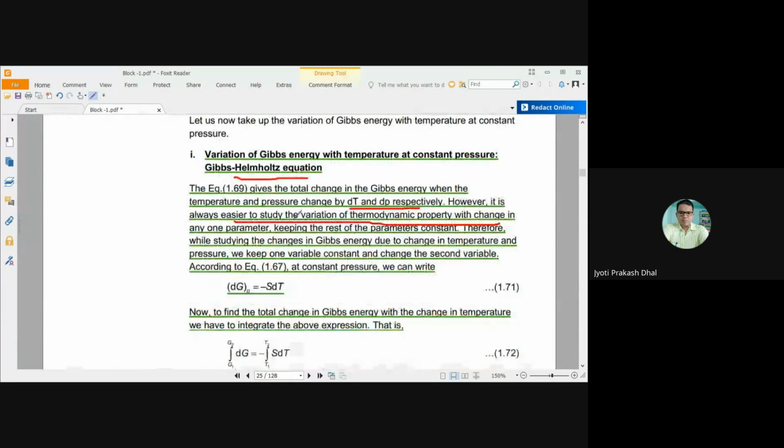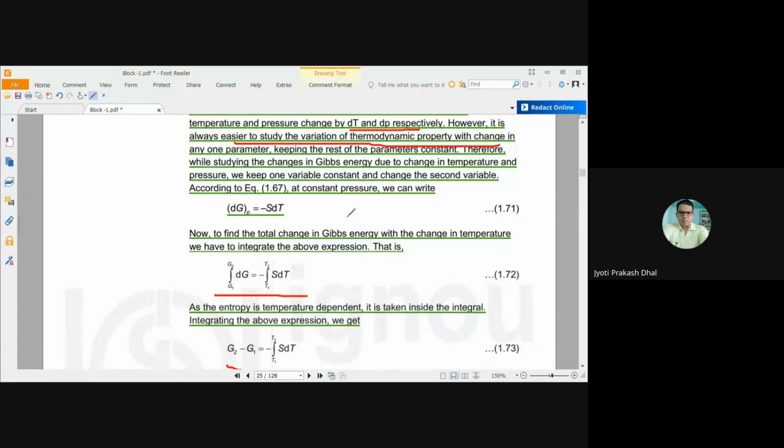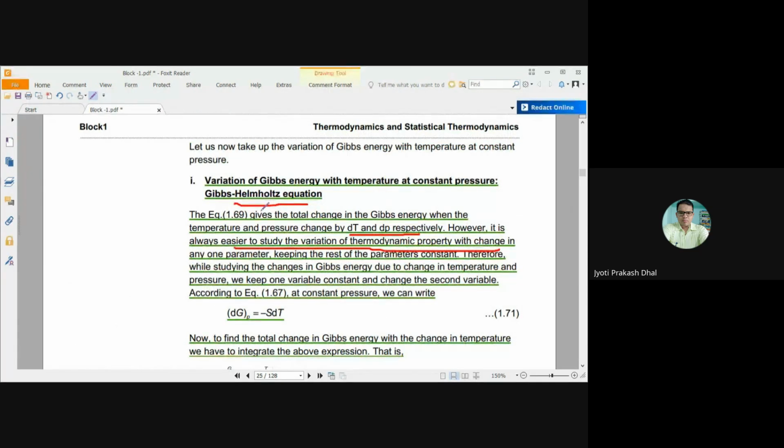It will be easier if we find out the variation of the change in Gibbs energy when only one parameter changes. First we will discuss the variation of Gibbs energy with temperature at constant pressure. That means dP will be 0.